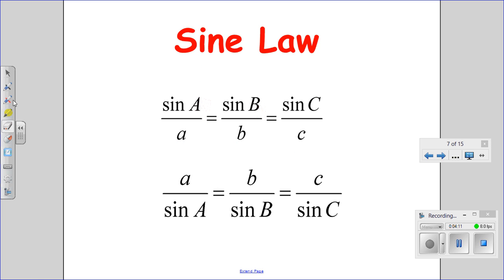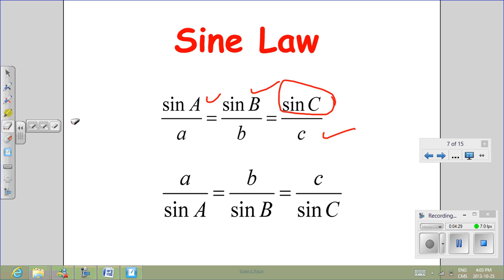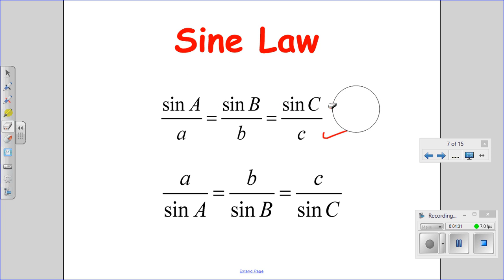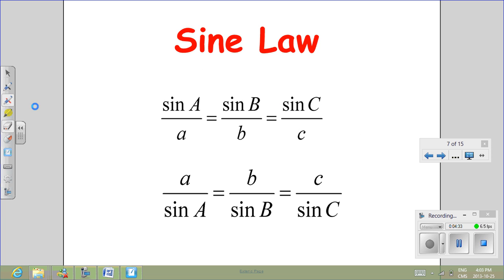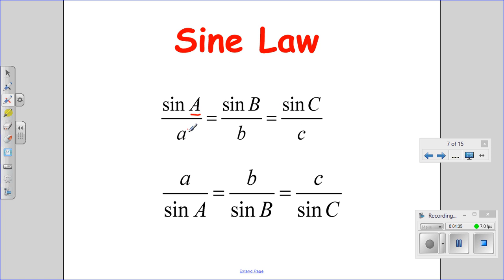If I have two angles, even if I have side C, I'll be able to have a complete ratio because I know the angles in a triangle add to 180 degrees. So I can figure out what C is by subtracting angle A and angle B. Otherwise, I need to have an angle and the side opposite and any other side.